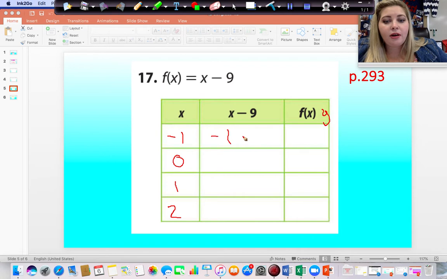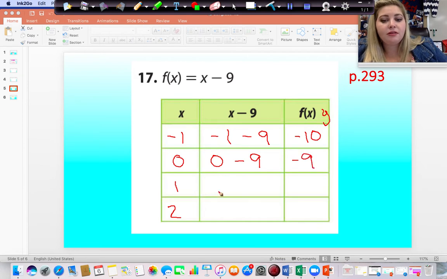So -1 minus 9 gives us -10. 0 minus 9 gives us -9. 1 minus 9 gives us -8. 2 minus 9 gives us -7.